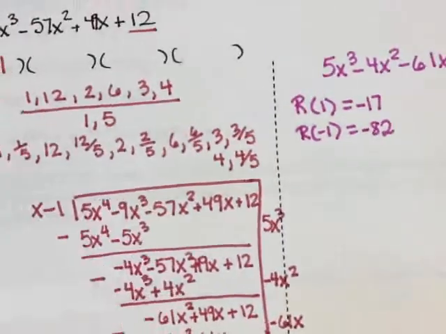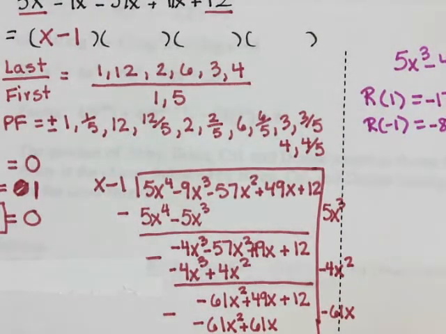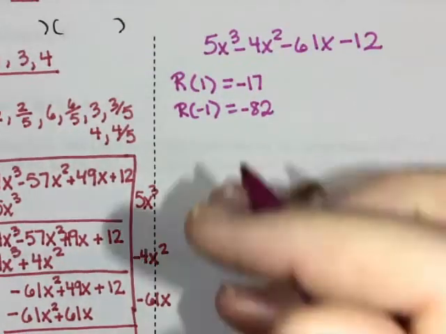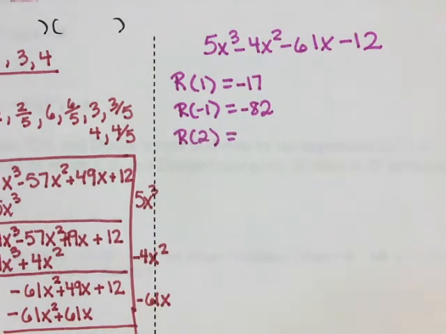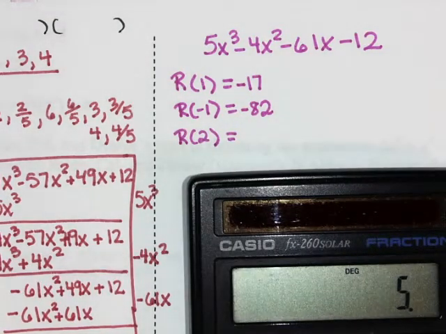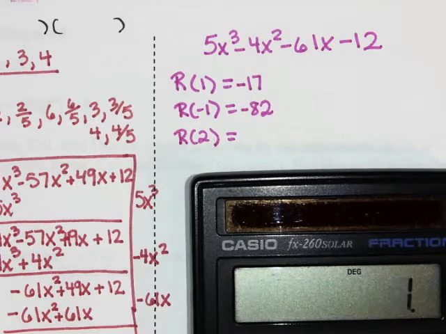Okay, up next, I still have the same list. I could try some of the fractions. I could try a different number. I could see if I feel lucky about one of them. I think I might try 2 next. So 5 times 2 to the power of 3 minus 4 times 2 to the power of 2 minus 61 times 2 minus 12.